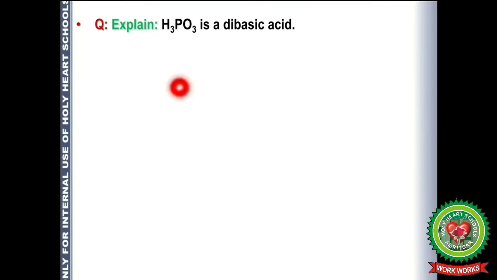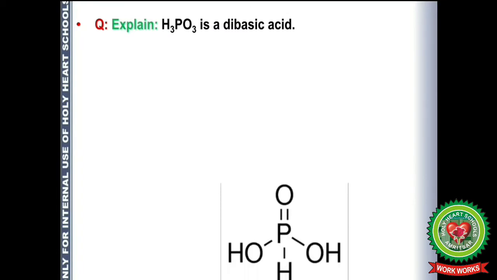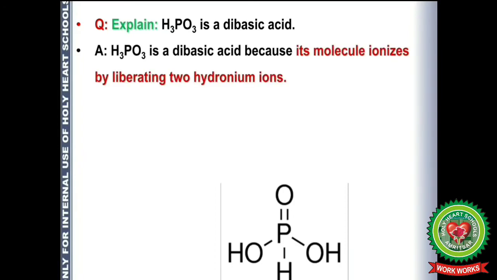The next question: phosphorus acid is a dibasic acid. Let's first take the structure of phosphorus acid. In phosphorus acid, phosphorus is connected to oxygen through a double bond, and the other bonds are satisfied with two OH groups and 1 hydrogen. You can see the structure in front of you.